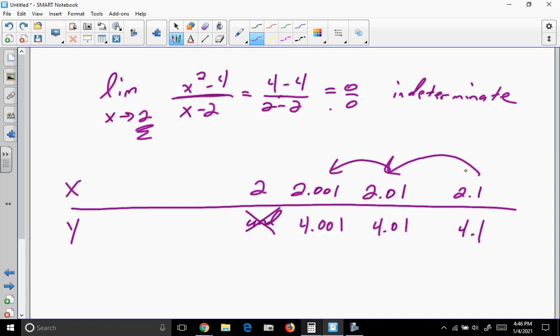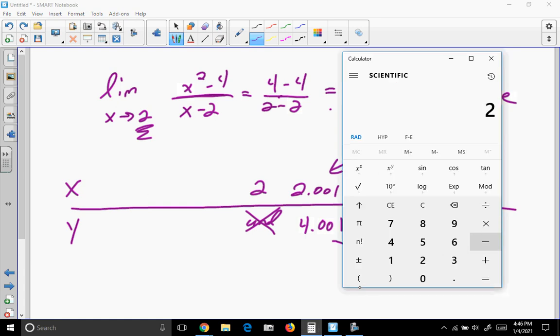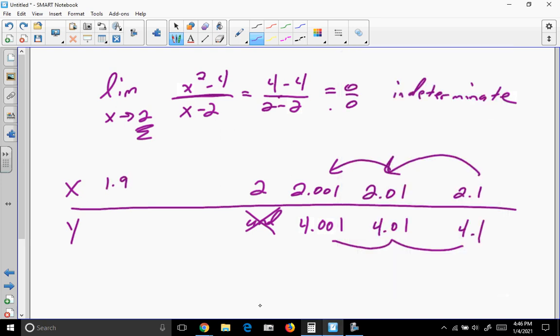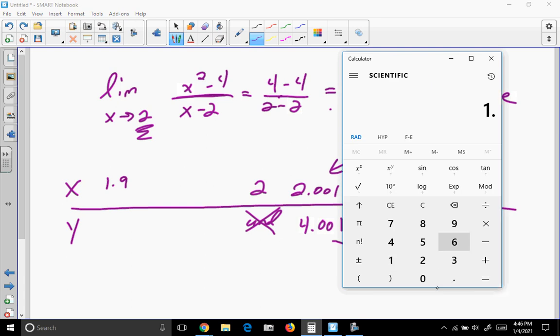But when our x value gets closer to 2, our y value is getting closer and closer to a y value of 4. If we go to the left of 2, a tenth to the left, then we would be at 1.9. So if we put in 1.9, 1.9 minus 2 would be negative 0.1, so we would get 3.9.